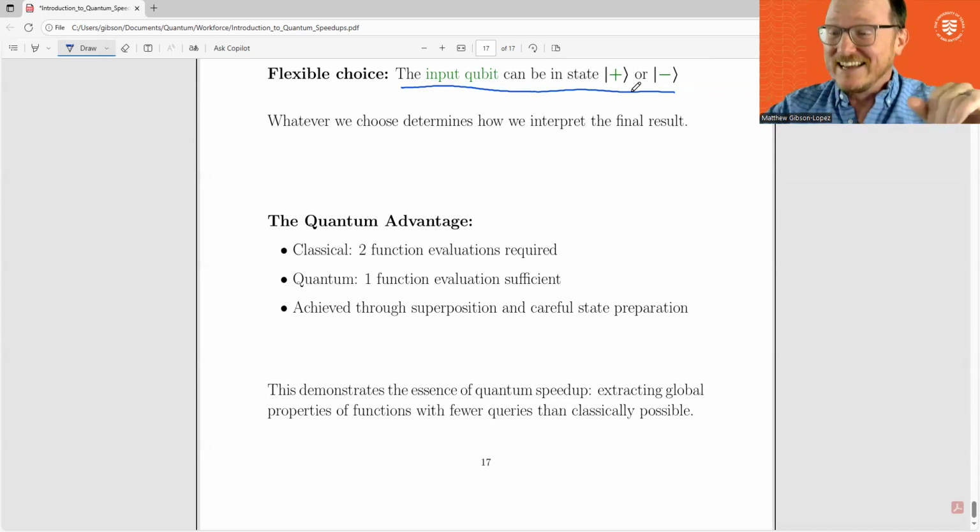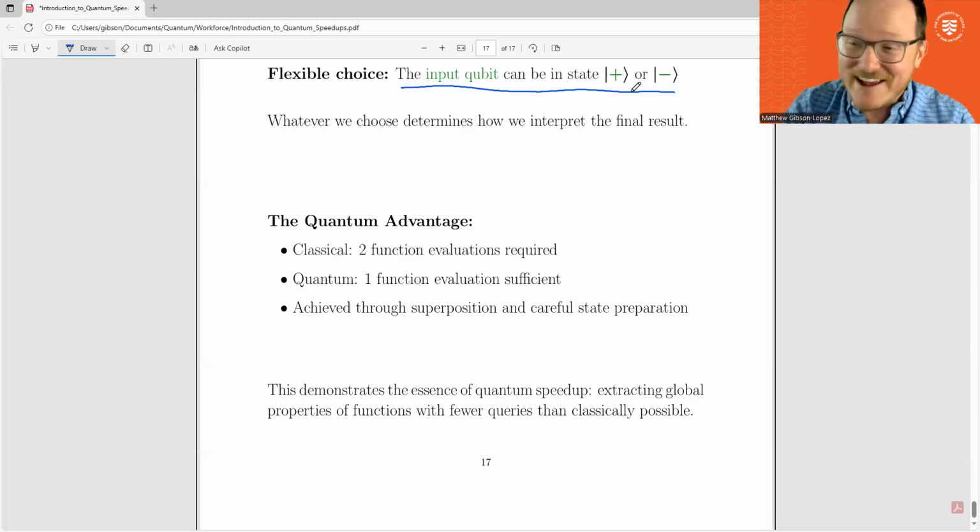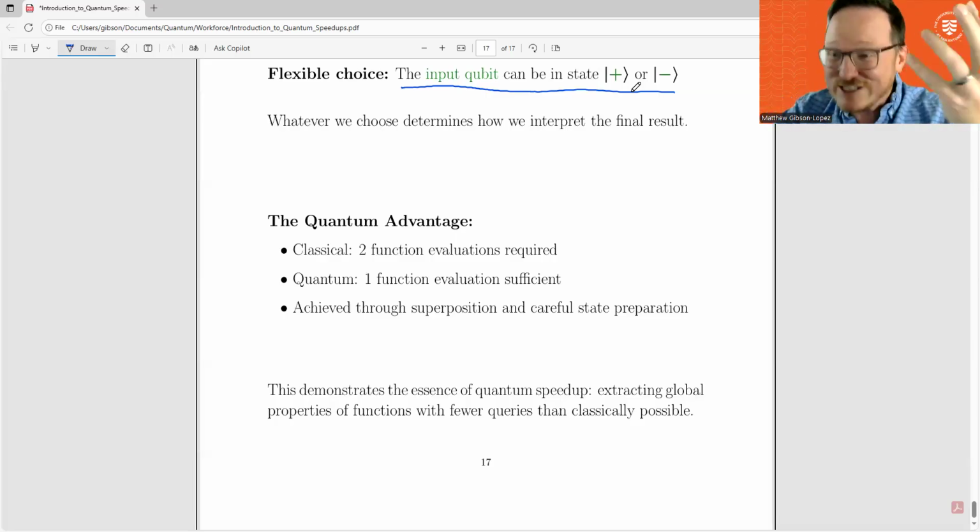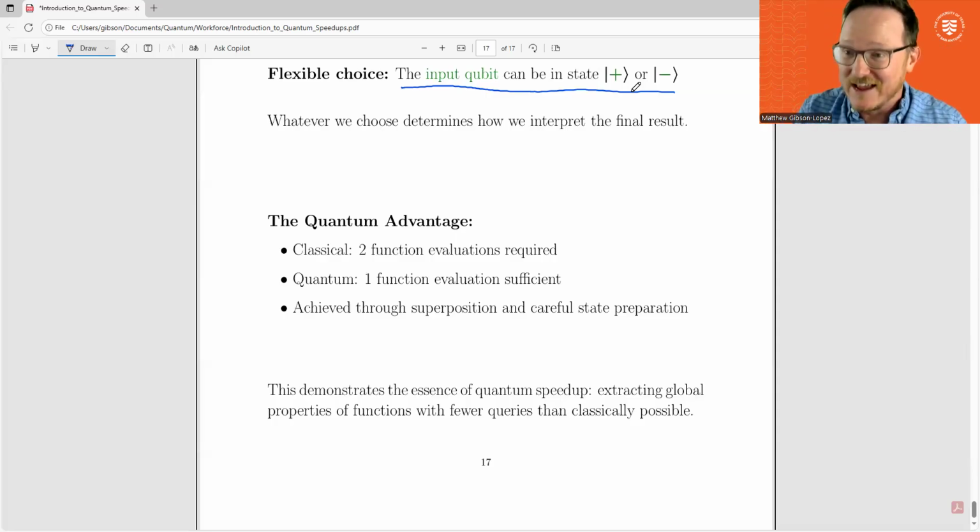I've hid the fact that these quantum function evaluations can be represented as matrices. I've hid that all these signs are actually complex numbers and are not actually plus one, minus one. They're different things. I've hid a lot to try to get us here, but I hope that this can encourage you that, hey, this is kind of cool, and maybe it is worth it to go down the rabbit hole.